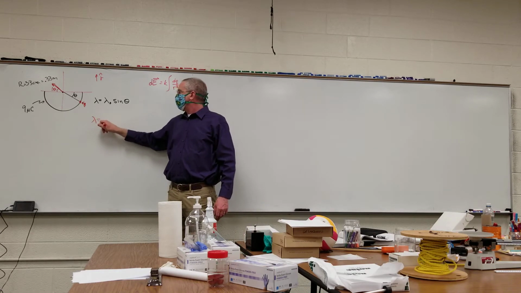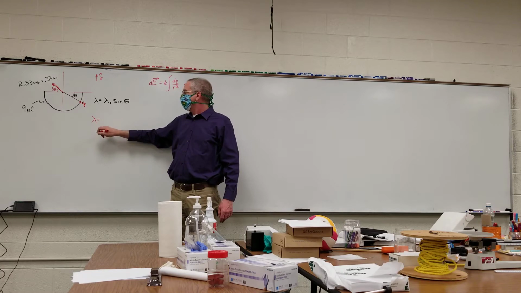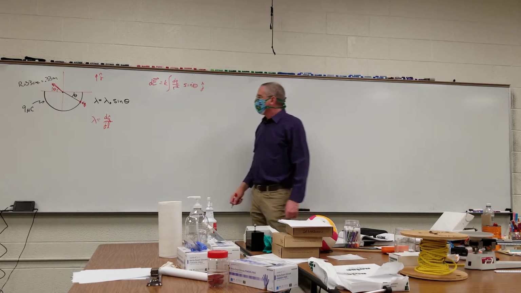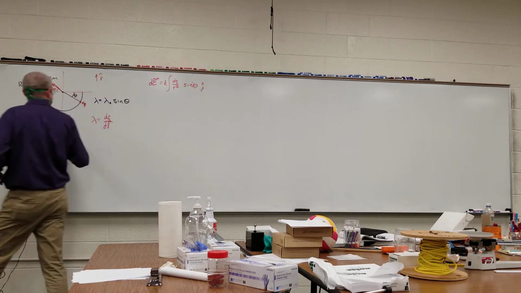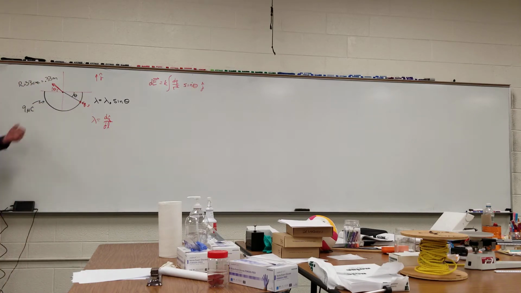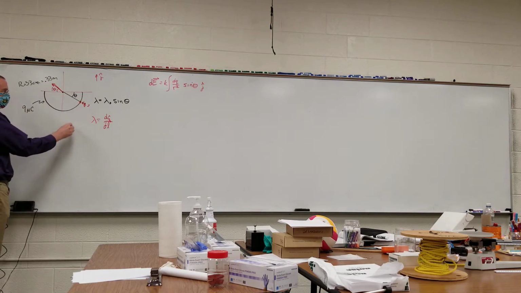I know that the linear charge density is equal to dq over dl. So dl would be basically how far it is along that arc length. And so dl, since it is part of an arc length, would be equal to r d theta.